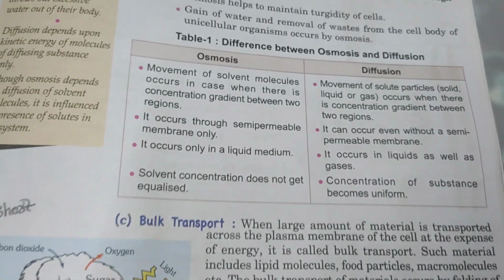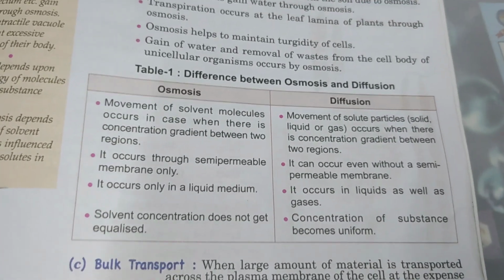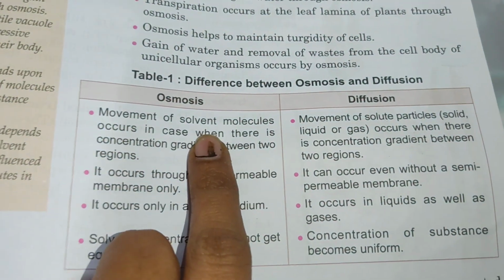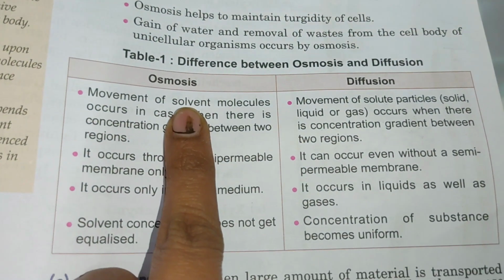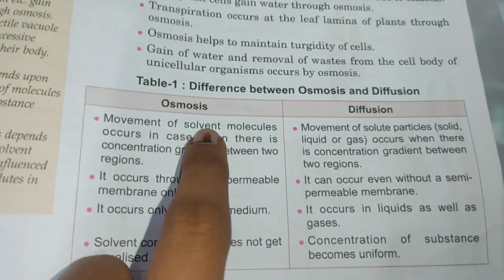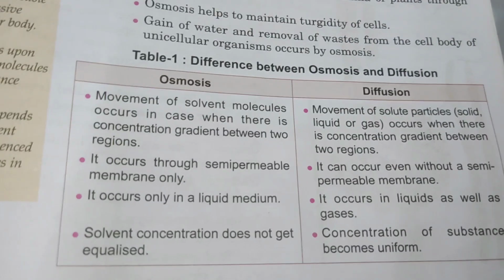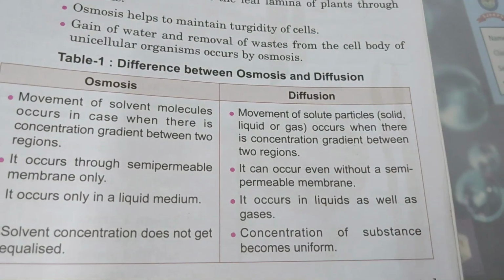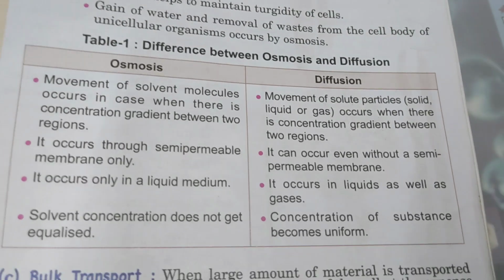Then we may get a doubt: what is the difference between osmosis and diffusion? In osmosis, solvent molecules move where there is a concentration gradient between two regions, from high concentration to low concentration. In diffusion, solute particles move from high concentration to low concentration.